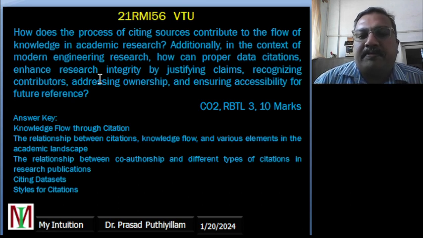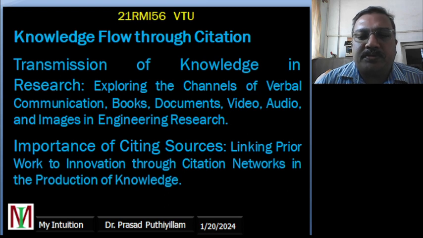The answer key is given like this: knowledge flow through citation, the relationship between citation, knowledge flow, and various elements in the academic landscape, the relationship between co-authorship and different types of citations and research publications, citing data sets, and the style of citation. Okay, so knowledge flow through citation.